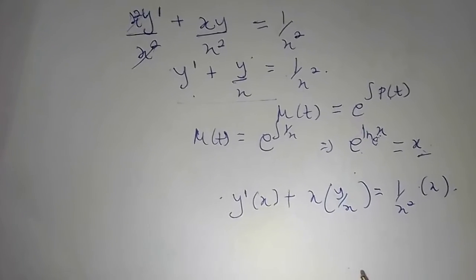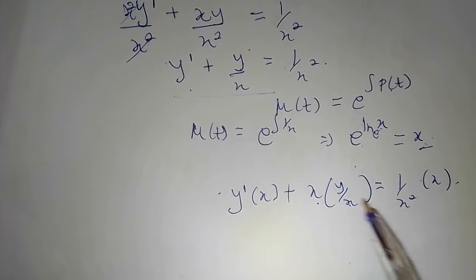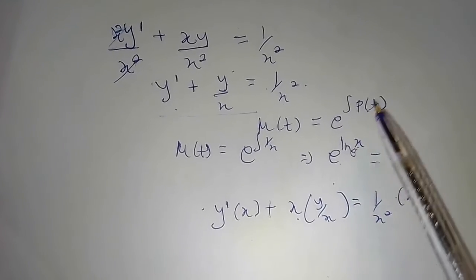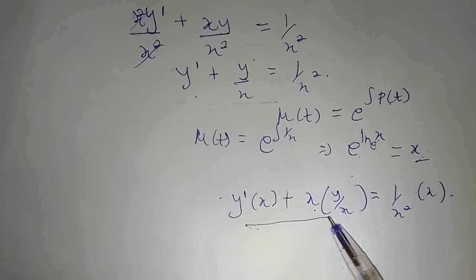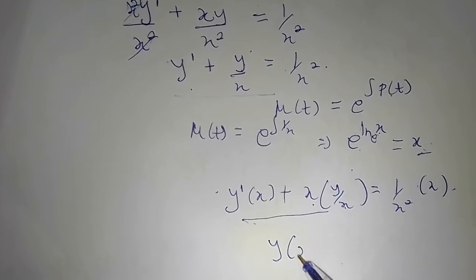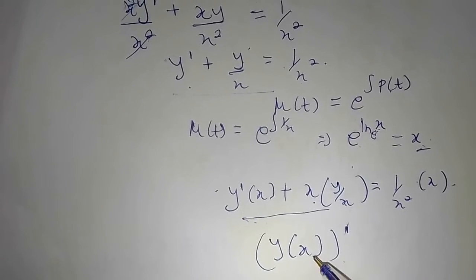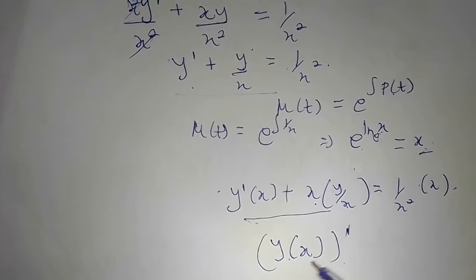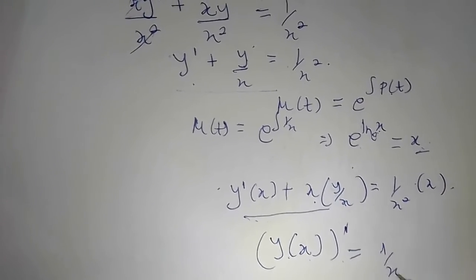From the condition of a first order linear differential equation, the left side will always give us the derivative of the product of y and the integrating factor x. So (yx) prime is equal to, this will cancel this and be left with 1 over x.